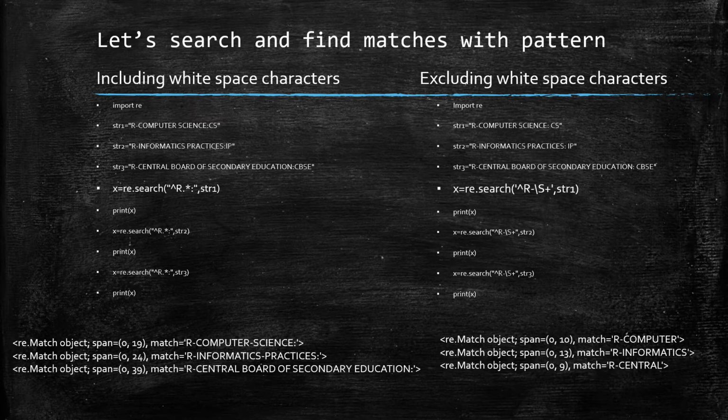And wherever it finds a blank, it stops the search, because in my search function I've already said that I want to include only non-blank, that means non-white space characters. Similarly, in the second string, it has stopped at r-dash informatics because after that there is a blank. And in the third string also, it has stopped at r-dash central because then there is a blank.